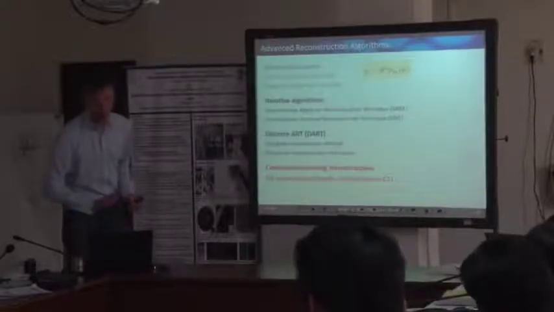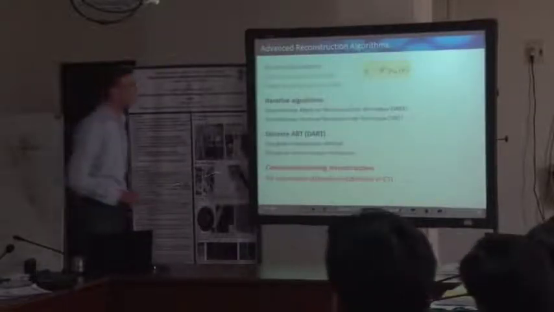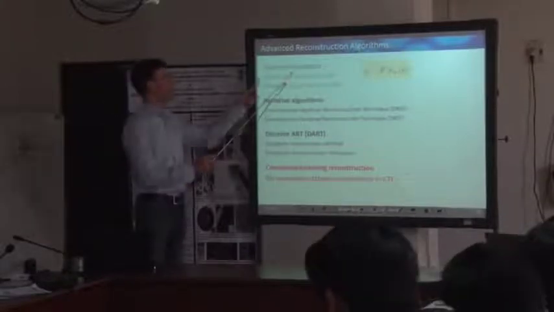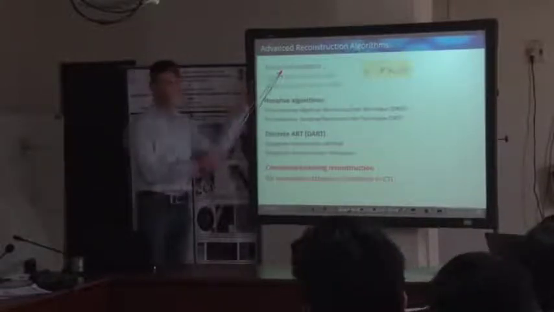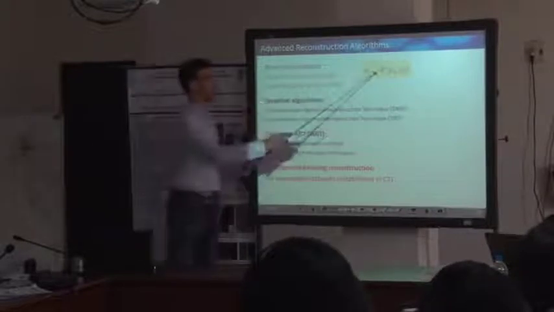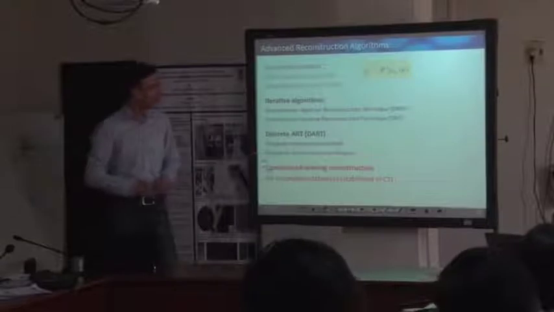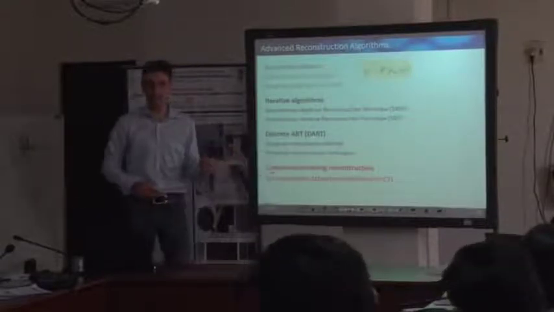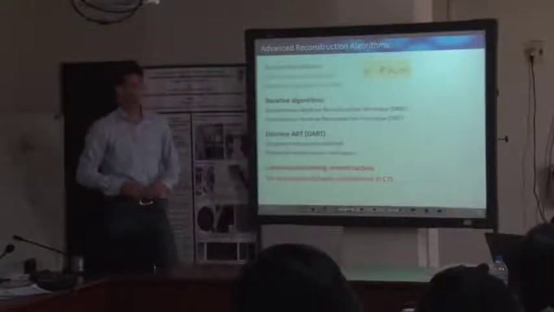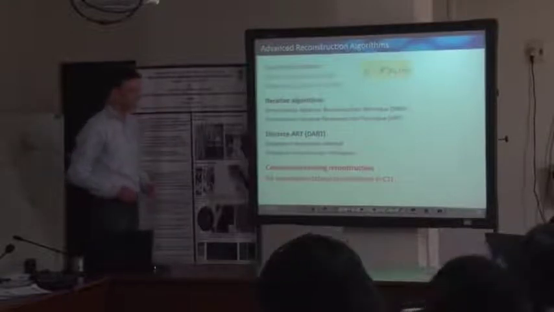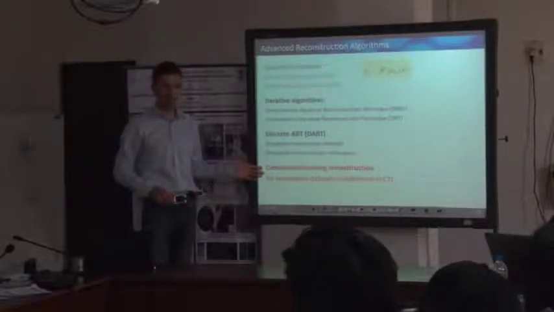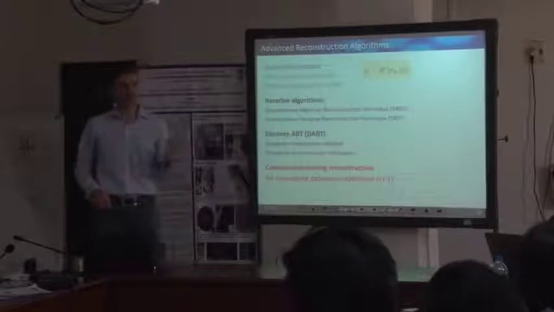And I would just like to spend this slide to show you that instead of using such an analytical solution, I mean, this is what you can calculate. So you calculate your Radon transformation and you apply it to your projections. There are many elaborate techniques. And in principle, I would just point to those which are commonly used nowadays, because in particular in CT, people want to come up with quantitative data.